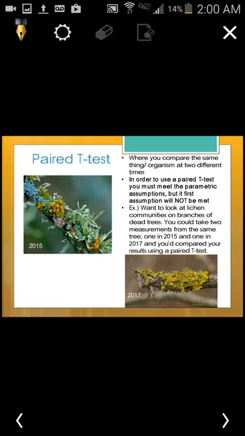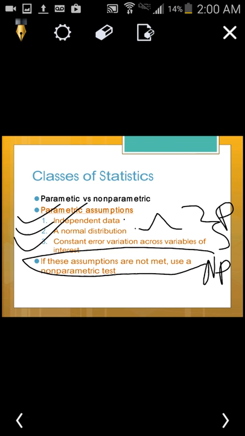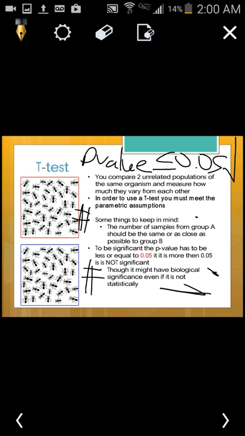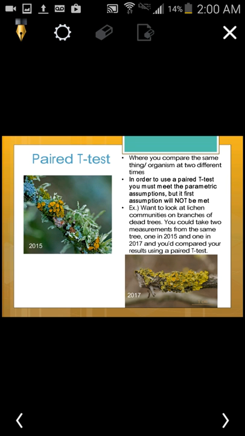In order to use a paired t-test, you must meet the parametric assumptions. Those three assumptions are: independent data, normal distribution, and constant error variation across variables of interest. So you have to meet those assumptions.